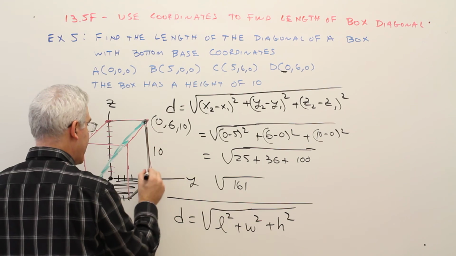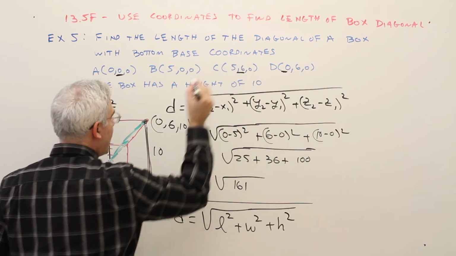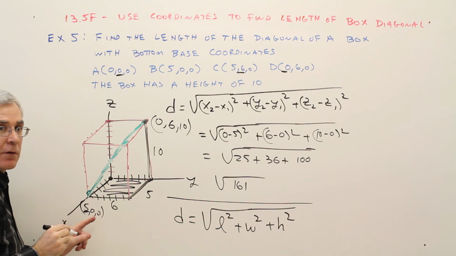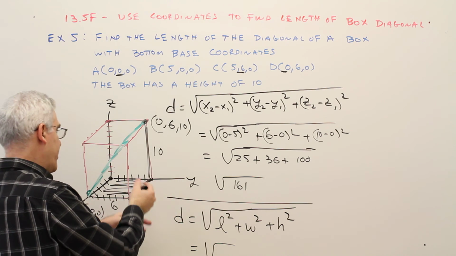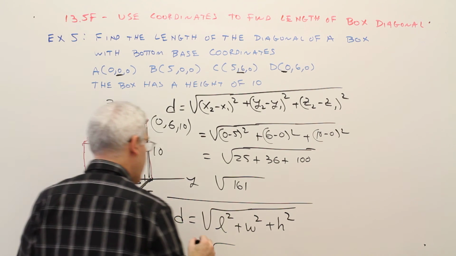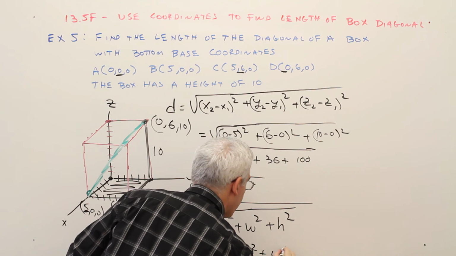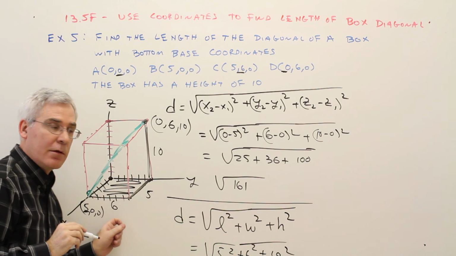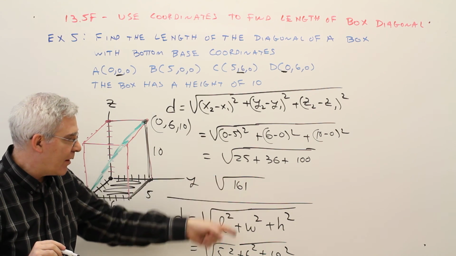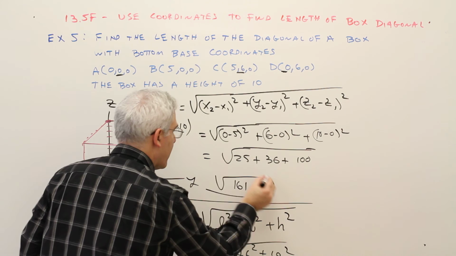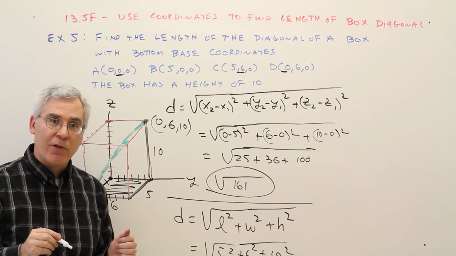The height was 10 units. Going across, I went from a 0 to a 6, which is 6. So I could have just said it's the square root, you could call whichever one you want the length, I'll just do it the same way. 5 squared plus 6 squared plus 10 squared. So again, all I needed really was the length, width, and the height. And I'd arrive at the exact same answer. So the square root of 161 is the length of that diagonal of the box.